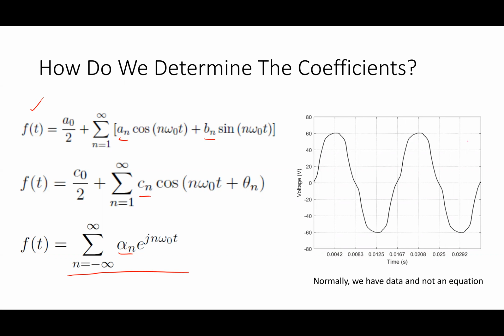If I looked at this waveform right here, which I measure at the wall outlet, I know for a fact it's got a fundamental term and a third harmonic and a fifth harmonic and a seventh harmonic and a ninth. But by the time I get to like the 21st, 23rd, 25th, those harmonics are starting to get awfully small. Usually that's the case, right?